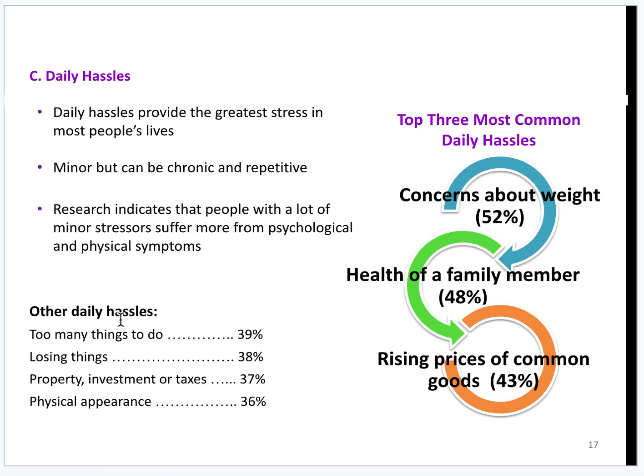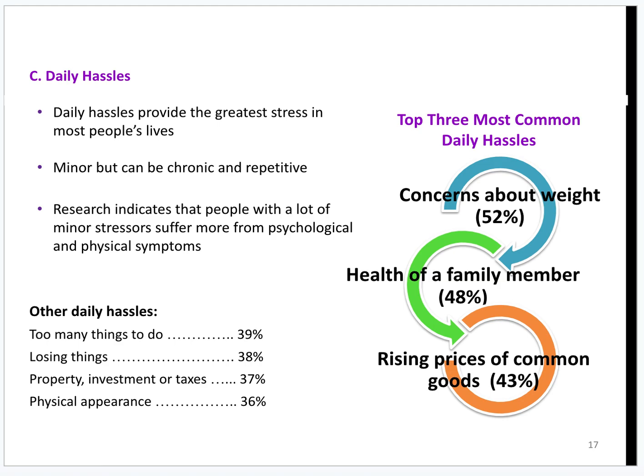Some other daily hassles in the study that people said: having too many things to do every day, 39%. Losing things, losing your keys, losing your charge cord, losing little things in your life, 38%. Worried about money, property, investment, taxes, 37%.